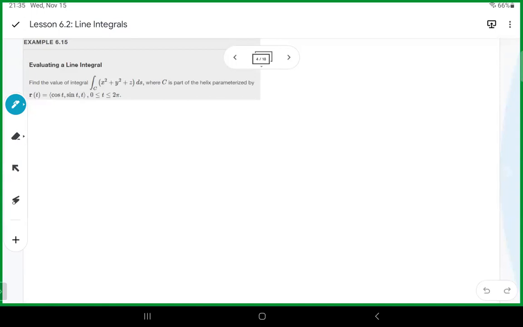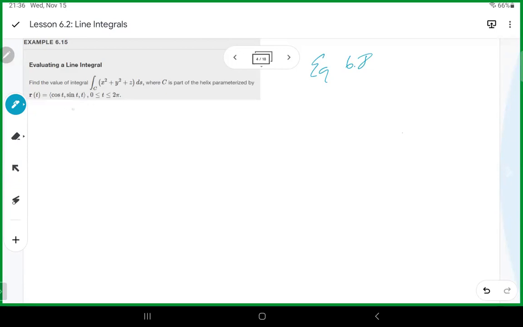To compute a scalar line integral, we start by converting the variable of integration from arc length s to t. Then we can use equation 6.8 to compute the integral.